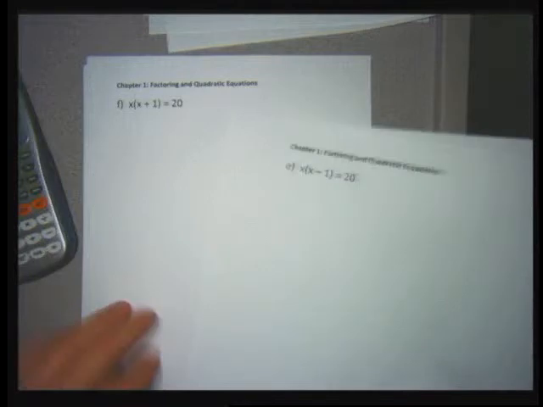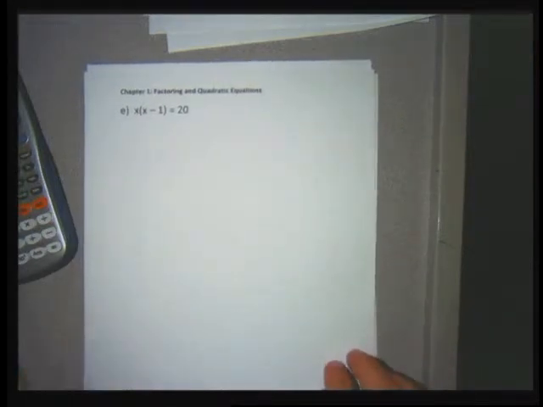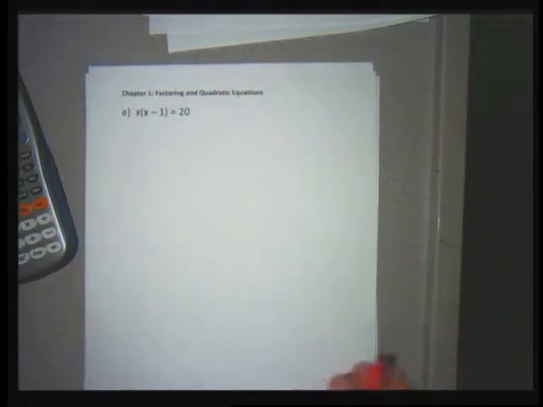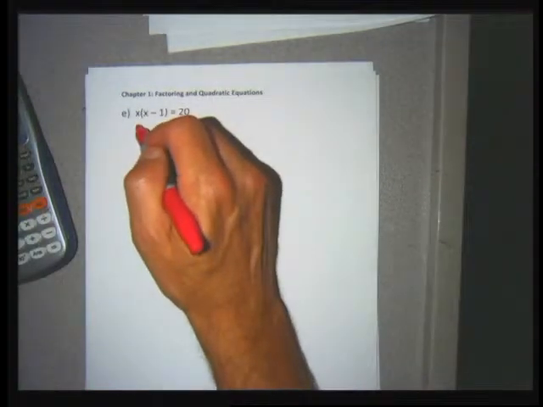E and F, they look a lot alike. And what they really have in common that's important is they're factored but they're not set equal to 0. And if something's factored but it's not set equal to 0, you need to destroy the factoring and get it set equal to 0 and refactor it.